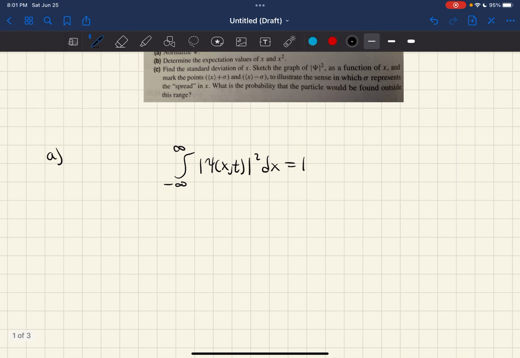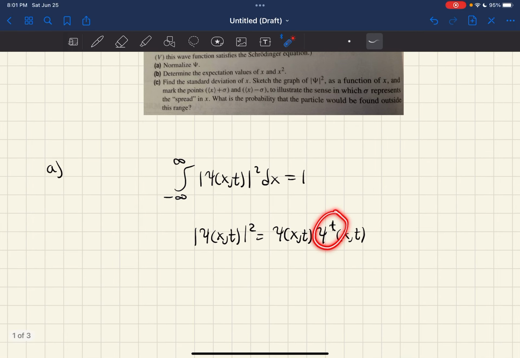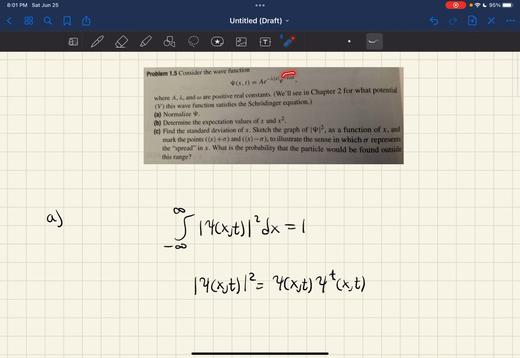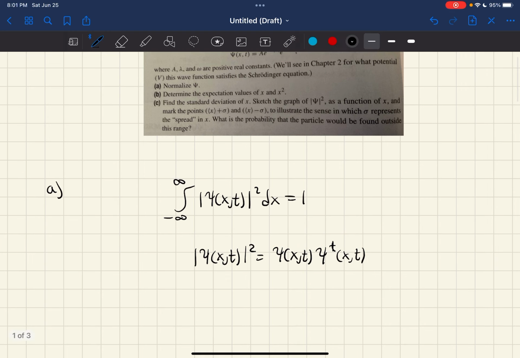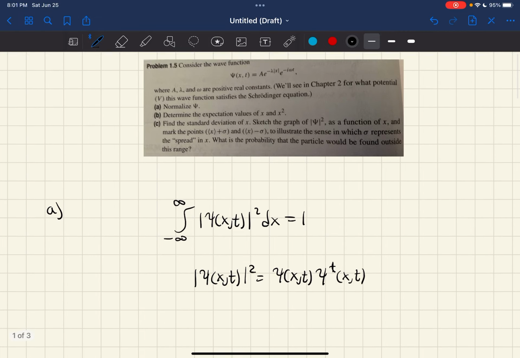And this magnitude of psi squared, all it means is just psi of x and t times its complex conjugate of x and t. And the complex conjugate essentially just flips the signs of all of the imaginary terms. So when we do psi times psi's complex conjugate, the e to the minus i omega t will cancel out with the e to the i omega t that we get from the complex conjugate.